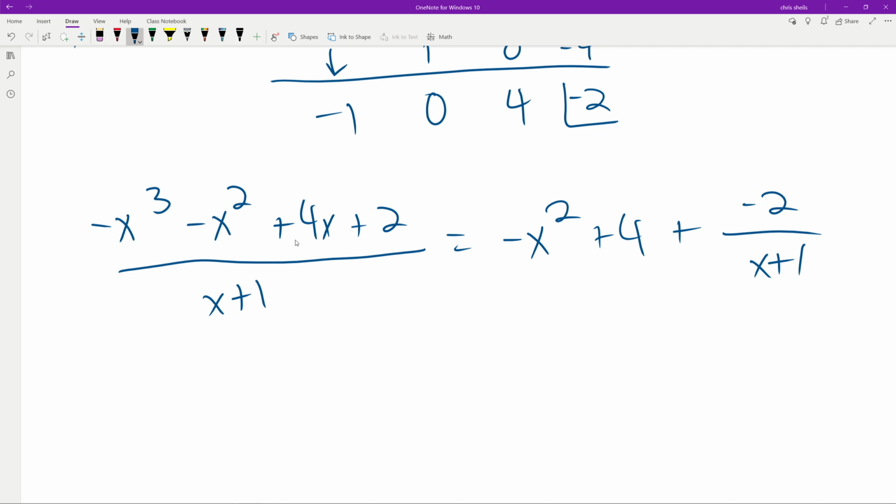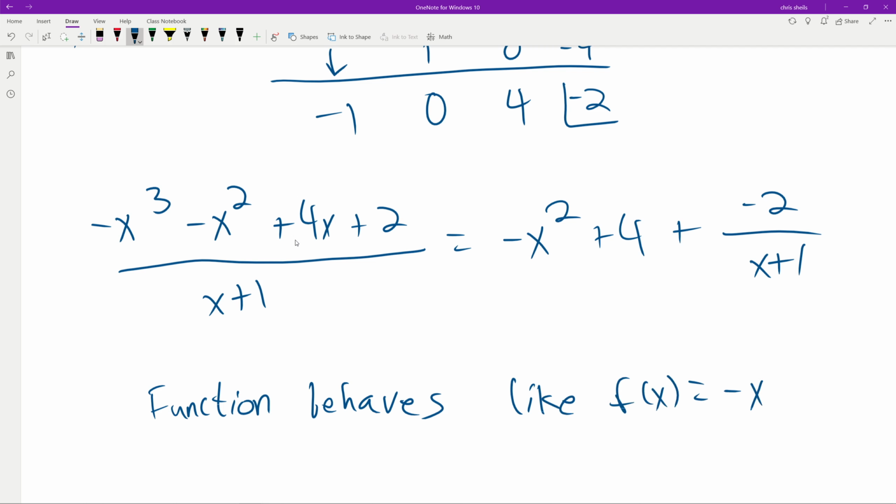So in the long run, the function behaves like f of x equals negative x squared plus 4, which is a downward opening, or concave down, parabola. And that's it for this last part of 3.7.